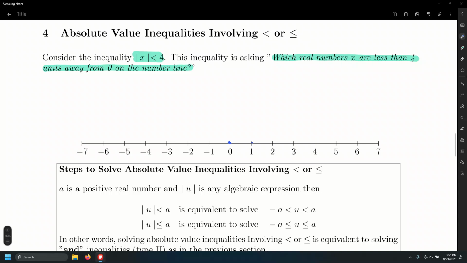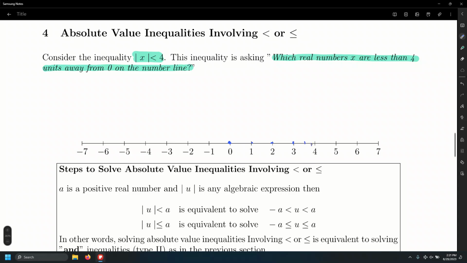Is that number less than 4 units away from 0? What about 2? It's also less than 4 units away from 0. What about 3? What about 3.5?